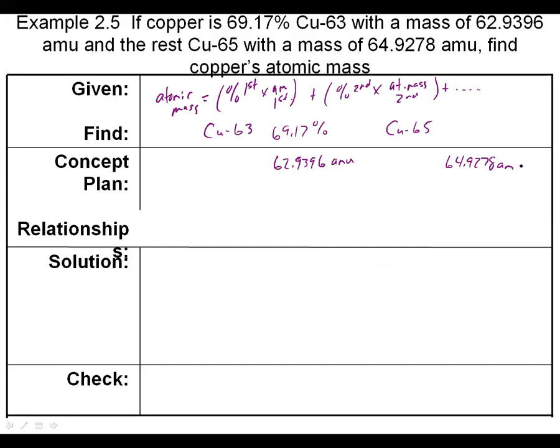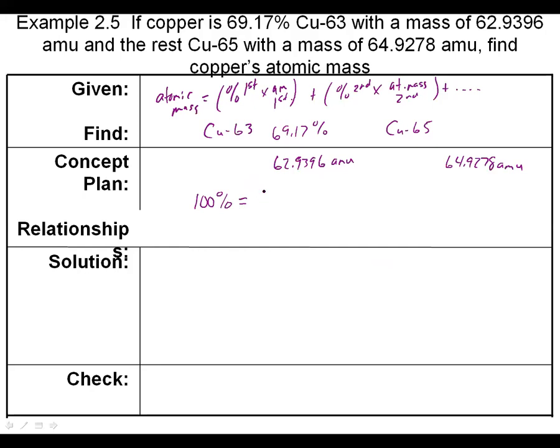So if we look at what we have for our first isotope, we have both things: the percentage and the atomic mass of that first isotope. For our second one, we have the atomic mass, but we do not have the percentage. And we could find the percentage pretty easily, assuming that these are the two naturally occurring isotopes. They should add up to 100%.